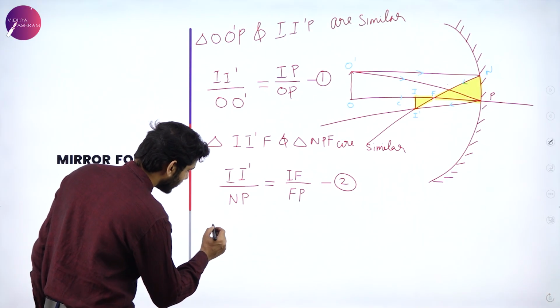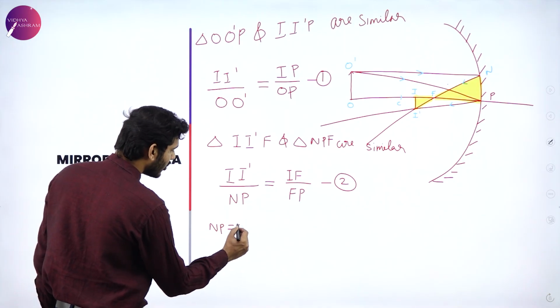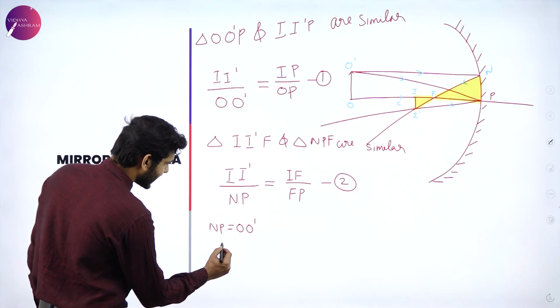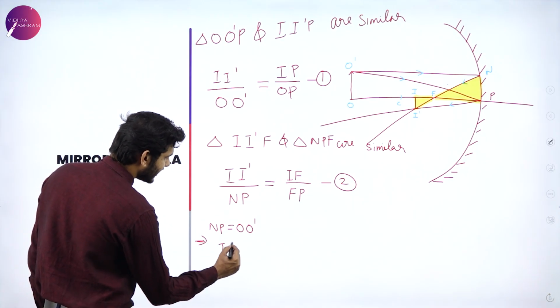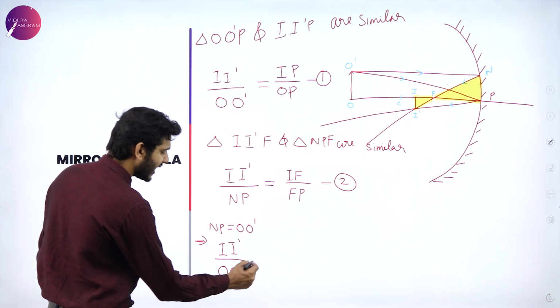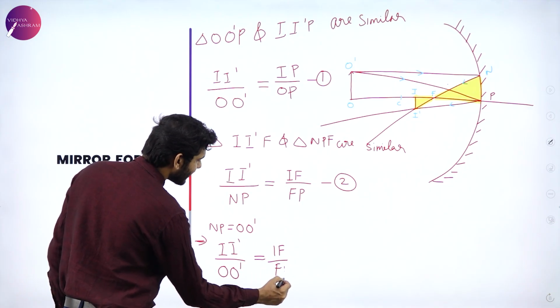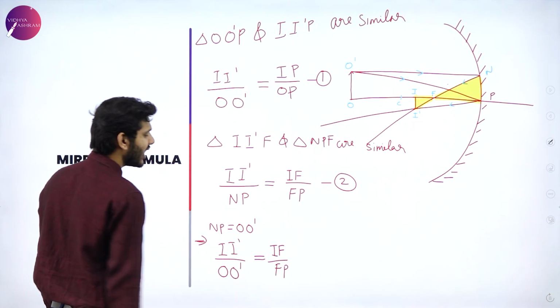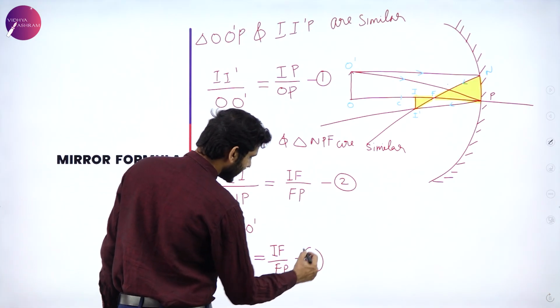So NP is actually equal to O dash. This implies I can write I dash by NP as I dash by O dash, which is equal to IF divided by FP. Let's name it as equation number 3.